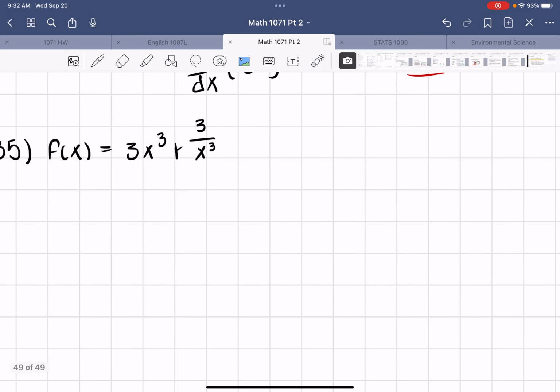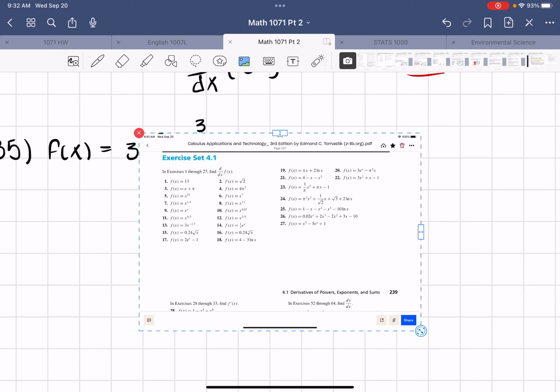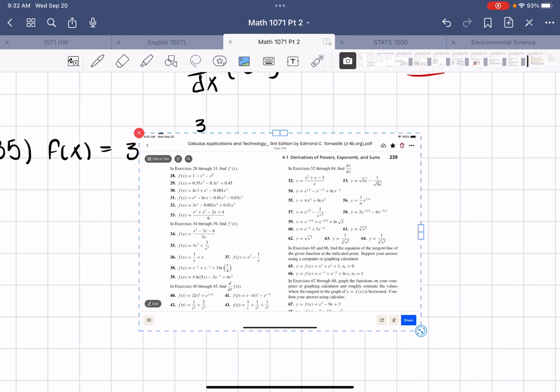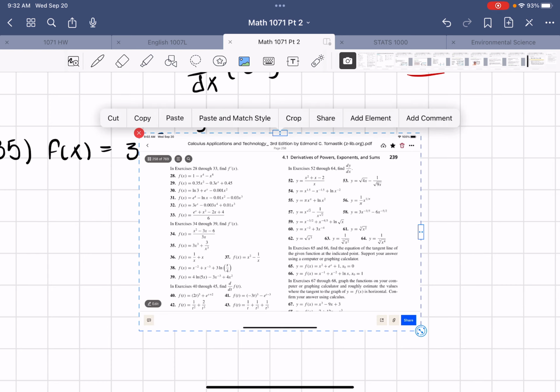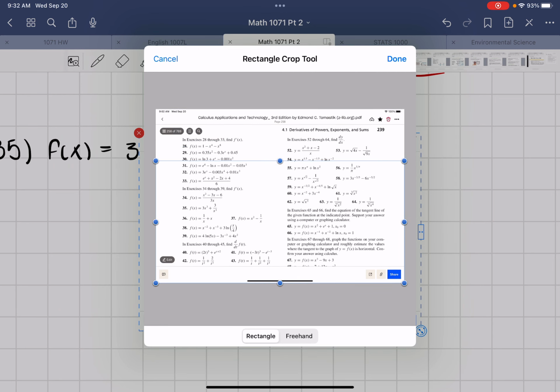What I need to do is remind you, when you've got the x cubed in the denominator, do you remember that negative powers mean reciprocal? The way to handle the derivative of 3 over x cubed is you have to recognize that that x cubed in the denominator is x to the negative 3. So remember about negative powers.